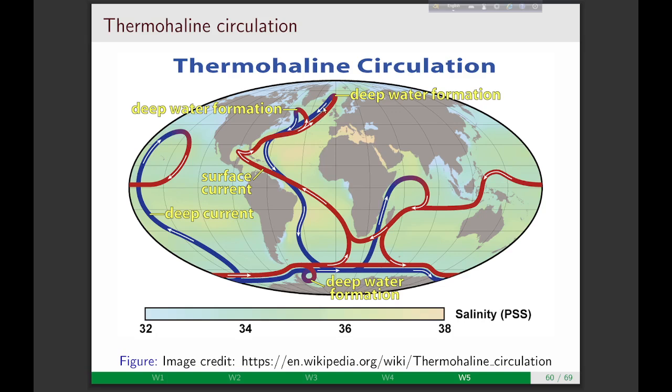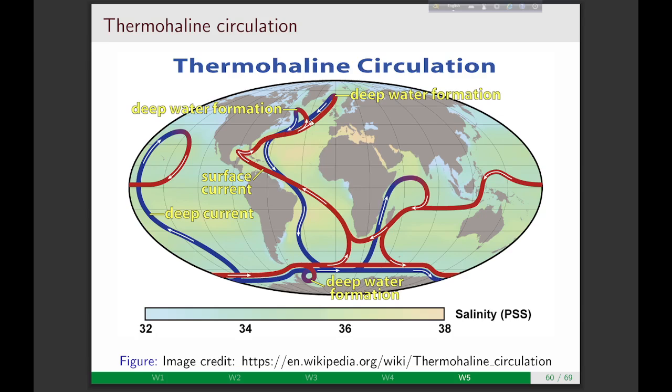Once it moves towards the poles, the temperature of that water decreases and also the salinity of the water increases. If it moves towards the North Pole, then the density will increase. If the density increases, then it will not be able to float on the top. So the circulation will shift to the bottom. And after getting some barrier here, it will move back towards the south.